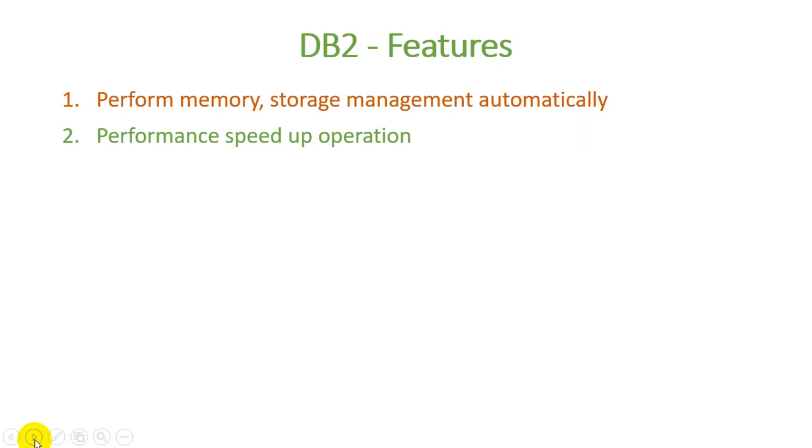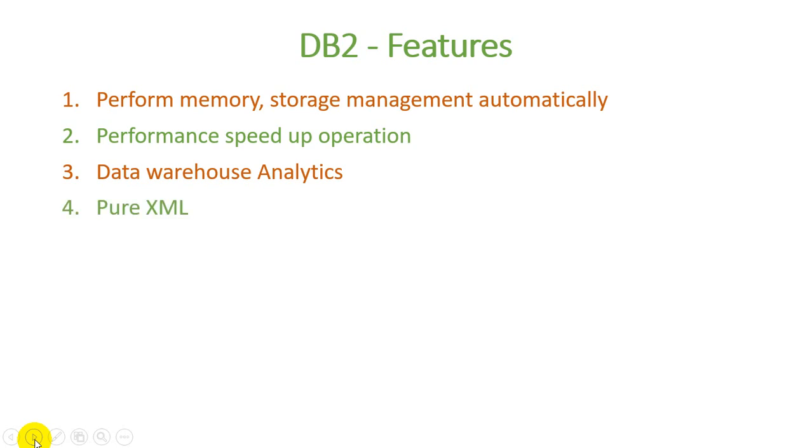Second, it speeds up operations, meaning when the user retrieves a large amount of data, they get a faster response compared to MySQL and Oracle. So the performance speed is up. Third, data warehouse analytics, because analyzing data is an additional feature of DB2. So data warehousing depends on analytics.